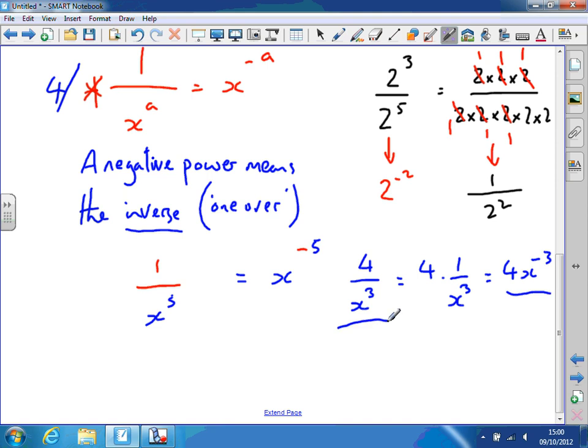And so you need to be able to use this law of indices to convert it from being written like this to looking like that, and then you can do other things with it. Okay? So that's an important law of indices. Inverse, a negative power means the inverse. You can see it there. Okay? It will trip you up at some point, I'm sure, but if I keep banging away at it.